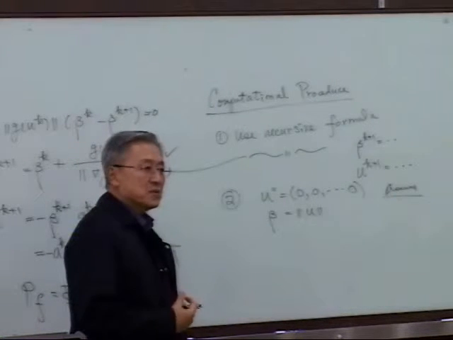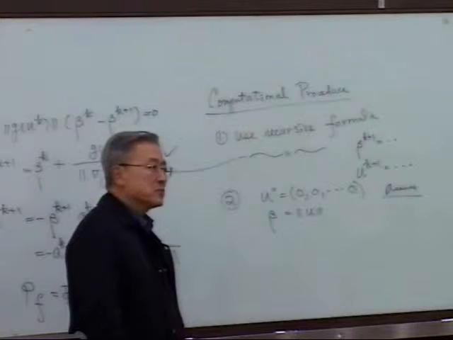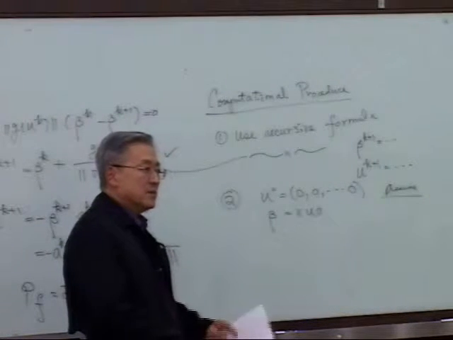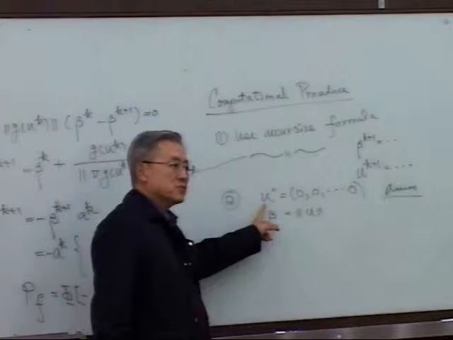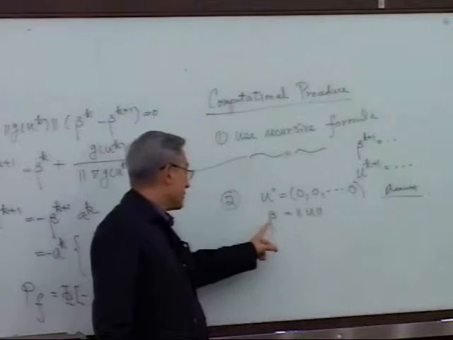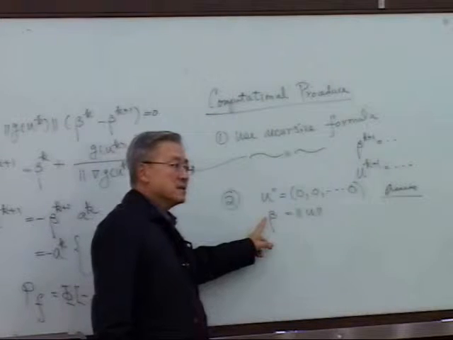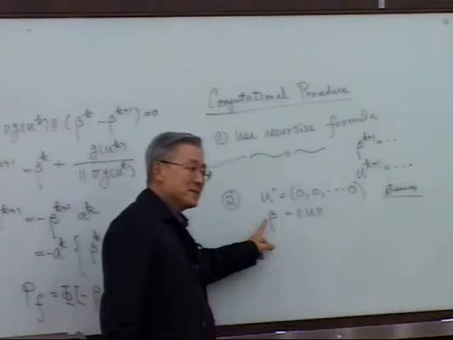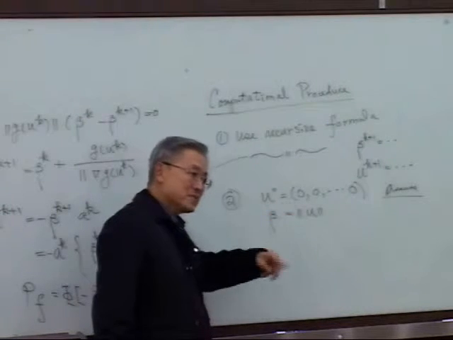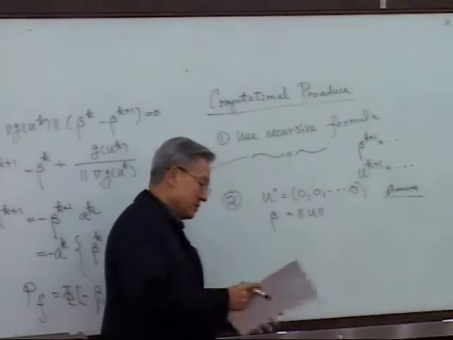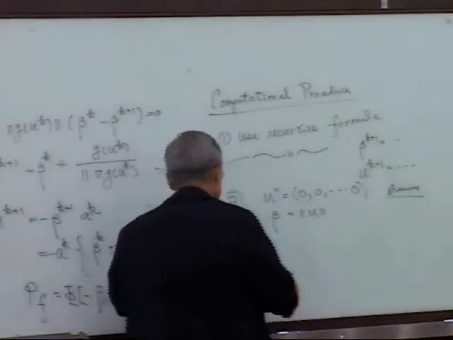But initially, what's the beta value going to be? When you assume the initial trial value of u is equal to 0, the length is 0. Then the first iteration starts from 0.